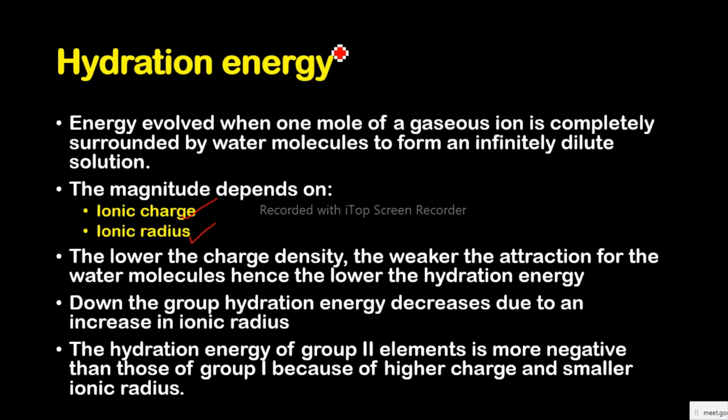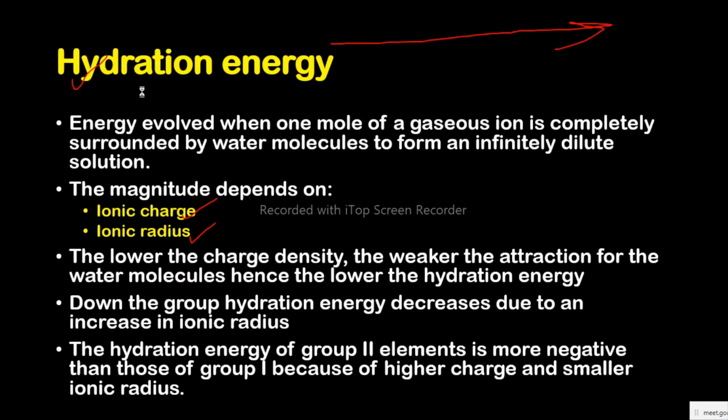Remember, atomic radius or ionic radius decreases across the period. So group 2 elements are relatively smaller in size than the group 1 elements, with a high charge. So the charge density is high. So water molecules will be strongly attracted as they are added to these metal ions. And so that force of attraction is going to be given out, which is seen as hydration energy.